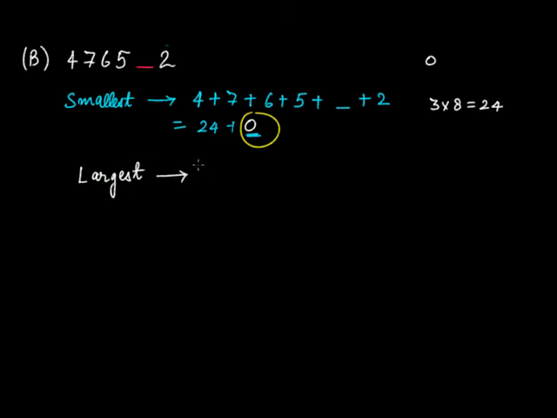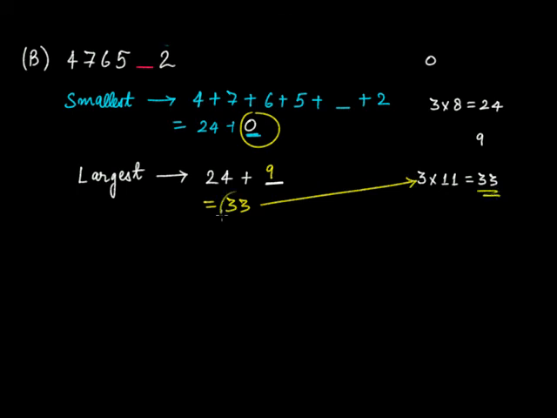Again, this will be 24 plus blank space. Now we have to put the largest digit. Start from 9. If I put 9 here, then 24 plus 9 is 33. And yes, 33 is divisible by 3, because 3 times 11 is 33.